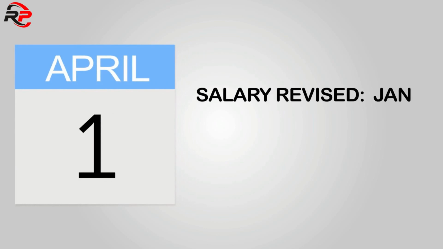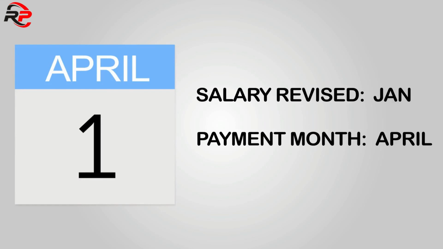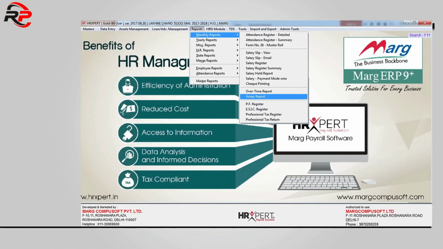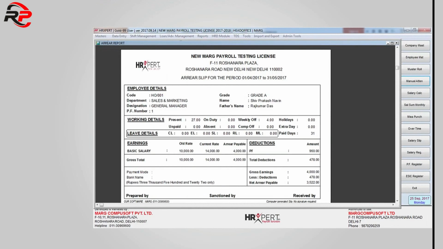For example, if we have revised the salary of an employee on 1st January, but we have set the date of the payment of revised salary after 4 months, means the salary of an employee has been revised in January, but it will be effective from April. So the incremented amount from January to April, meaning the arrear amount, will automatically get calculated by HRXpert software. We can also view arrear reports and also view and print arrear slip.